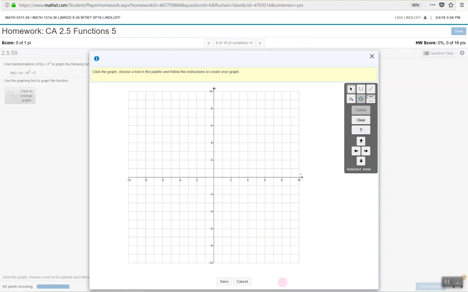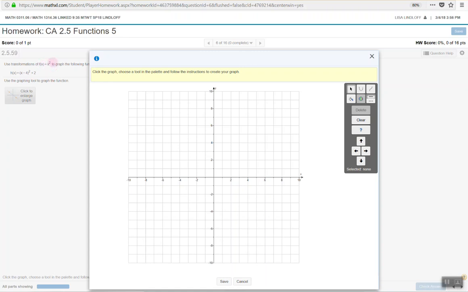All right, off camera I have logged in to MyMathLab and gone to a similar but different problem number 6. Now right over here you can see it's rather small, but you can see h of x is equal to x minus 4 quantity squared plus 2. Now it is a transformation of f of x is equal to x squared.